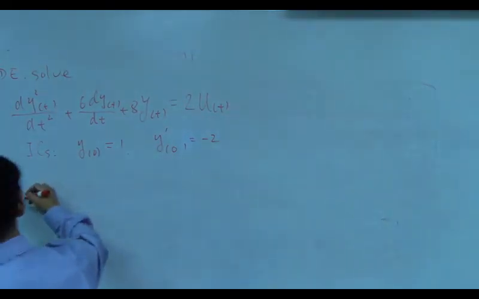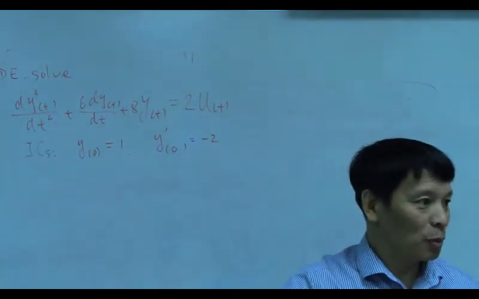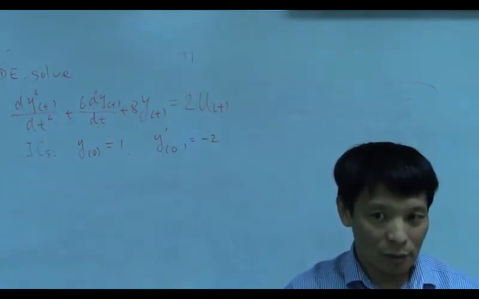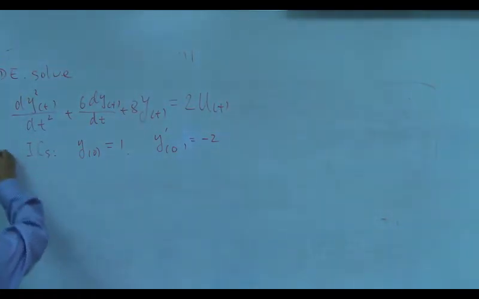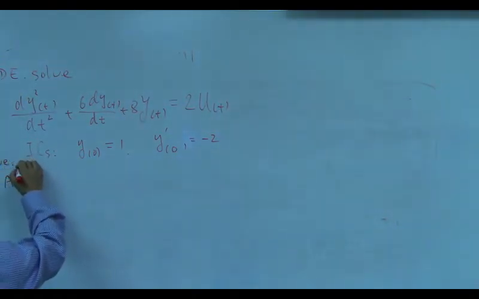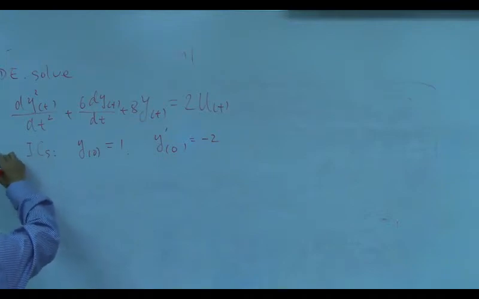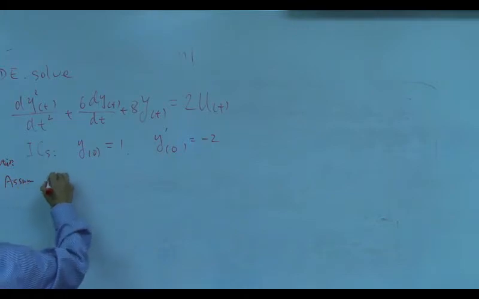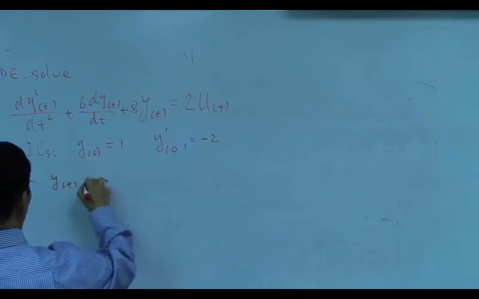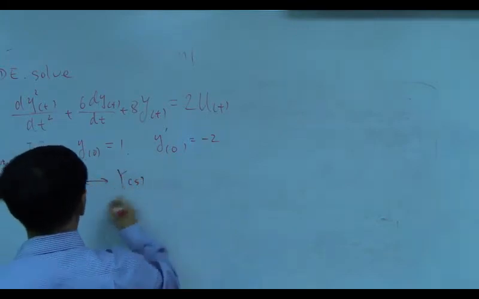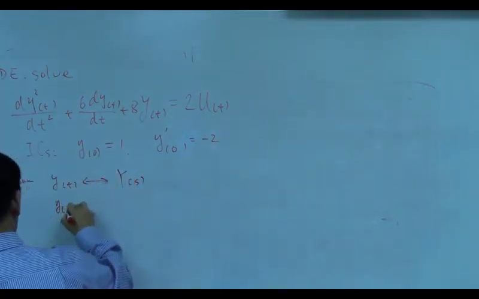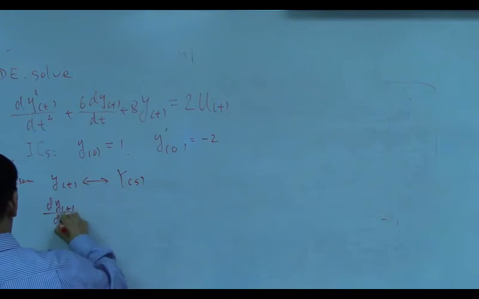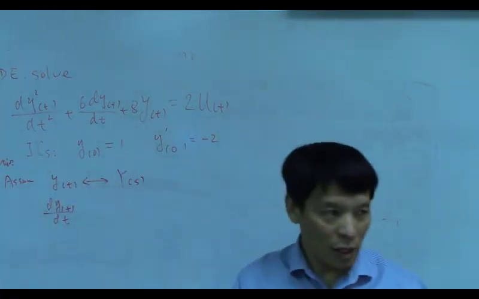What we do is we take the Laplace transform on both sides. Assume y(t), its Laplace transform is Y(s). Then what is the y(t) differentiation? Again, the properties.